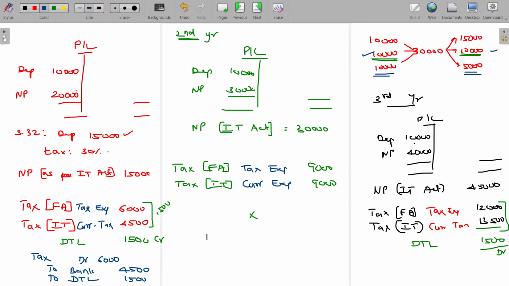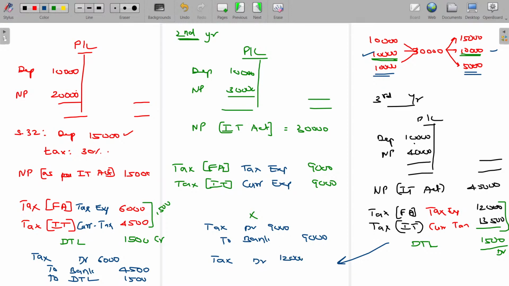Here the journal entry being tax account debit 9,000 to bank account 9,000. There is no deferred tax asset or liability. What happens here? Tax payable being 12,000.